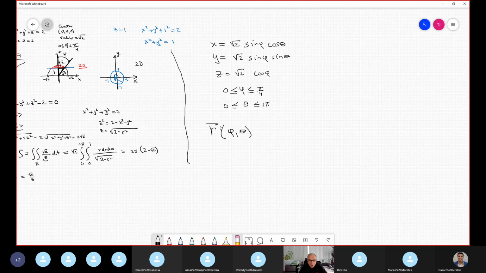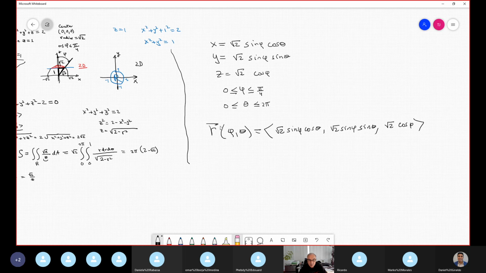In spherical coordinates, the parameters are always angles. R of phi, theta is radical 2 sine phi cosine theta, comma, radical 2 sine phi sine theta, comma, radical 2 cosine phi.